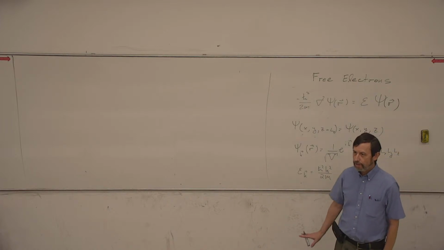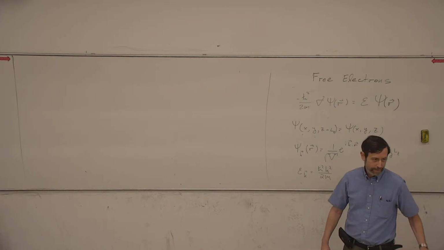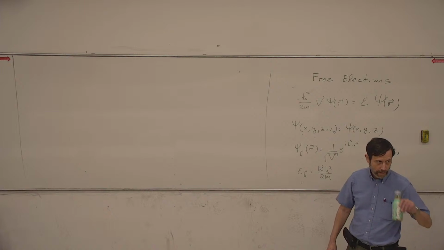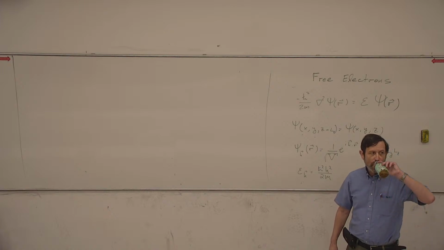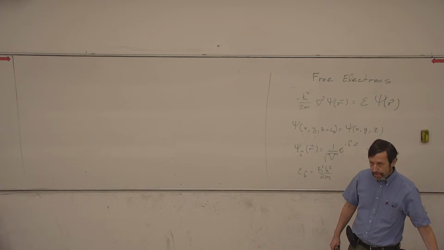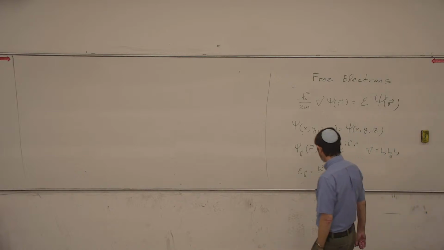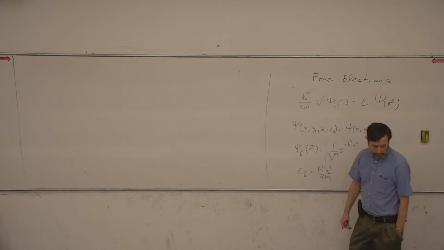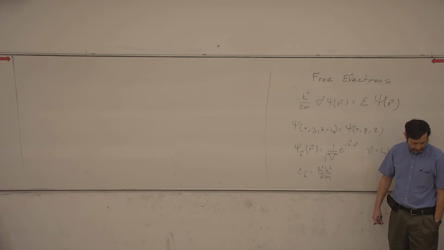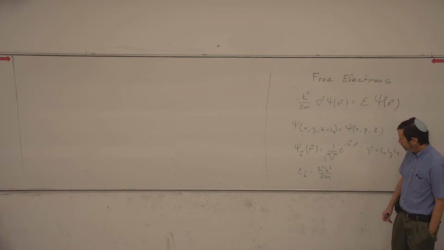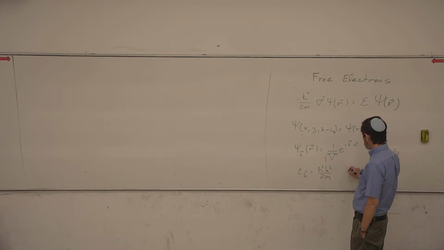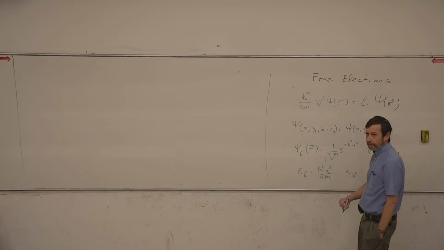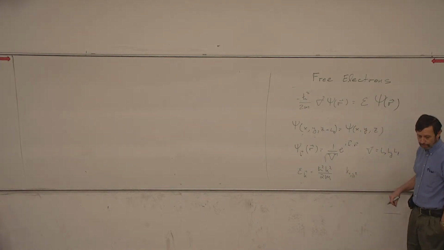Hope I'm not surprising anyone. Of course, kx, ky, kz are not any numbers because of the boundary conditions.